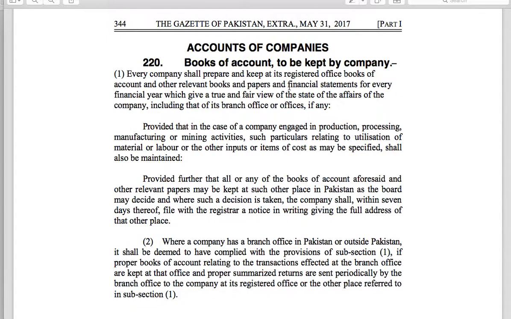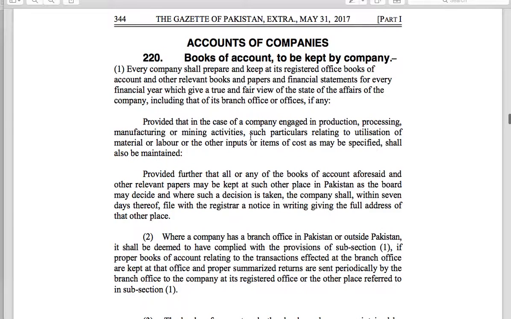Now, the last thing that we'll be discussing is that whenever you make a single member company, a private limited company, a public or a listed company, you have to keep the books of accounts, and there is a detailed discussion not only in these sections, but there are separate schedules, schedule 3, 4, 5, which give you the type of reporting, the format of financial statements which you have to follow if you are a small company, a medium sized company, a large company, a listed company, or a company in which the government has invested.